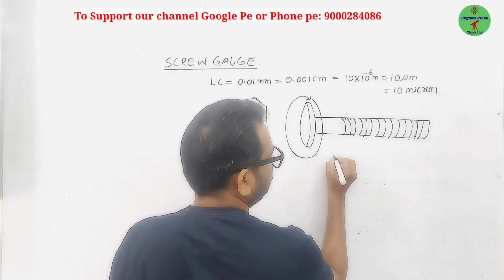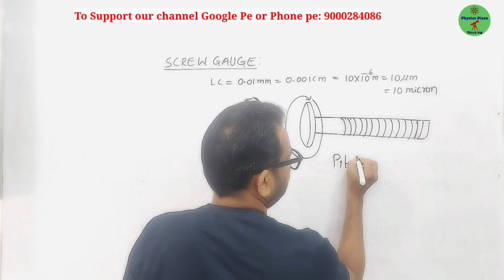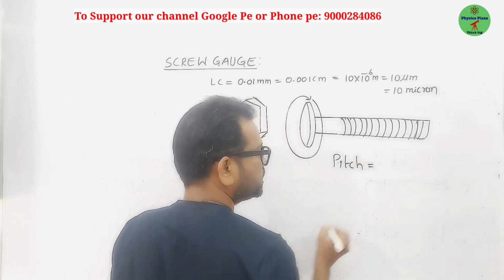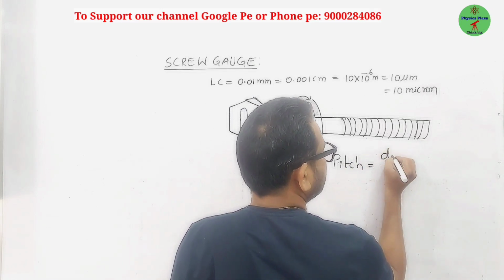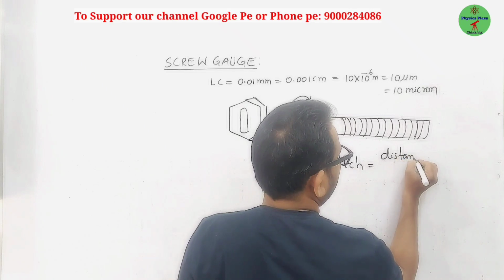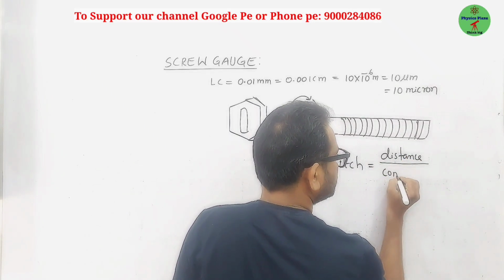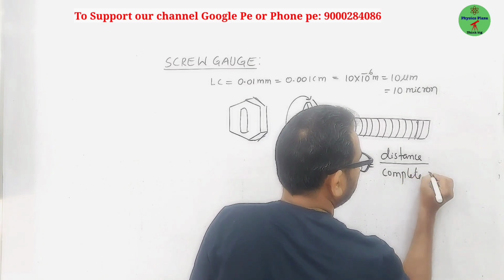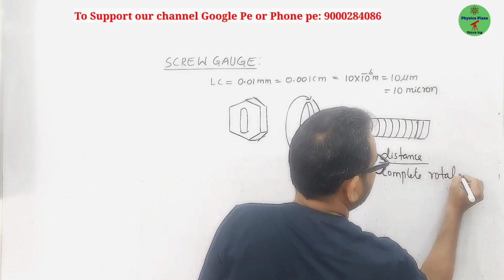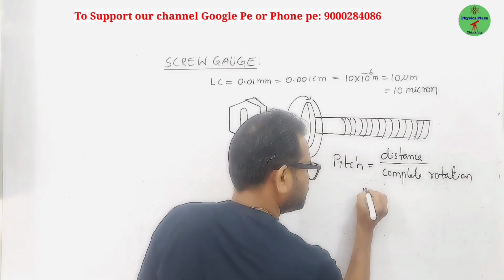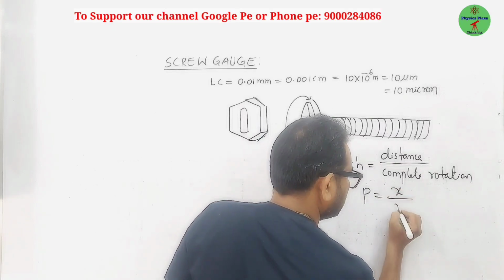Very, very important. So pitch of the screw is nothing but the distance traveled by the screw for one complete rotation of the head. We can express this as P = X/N.